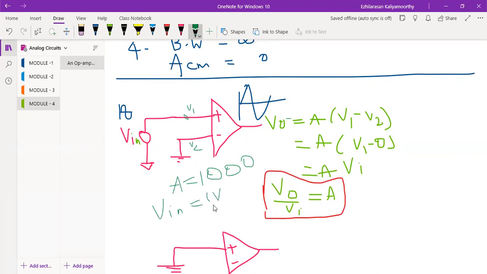If Vin is equal to 1 volt and A is 1000, then what is your V naught? V naught is equal to A into Vin, so 1000 into 1, that will be 1000. Do you think you will get 1000 volts as output? No, that output is wrong. We won't get 1000. Why?